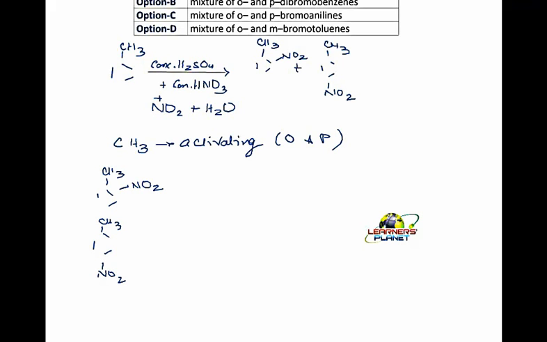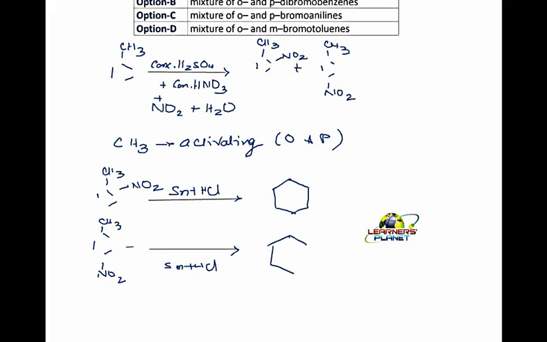Now this is reduced with tin and hydrochloric acid, that is your Sn plus HCl, and it will form what? Para-aminotoluene and ortho-aminotoluene, right?